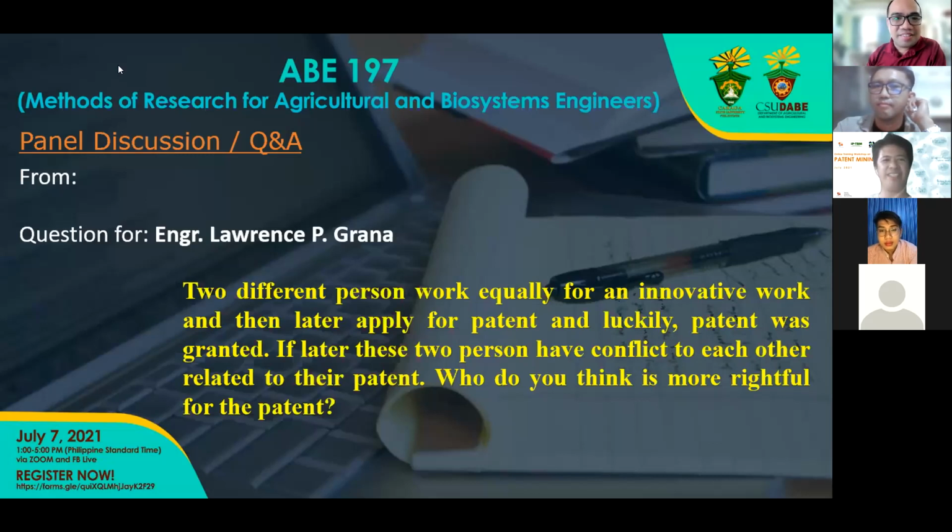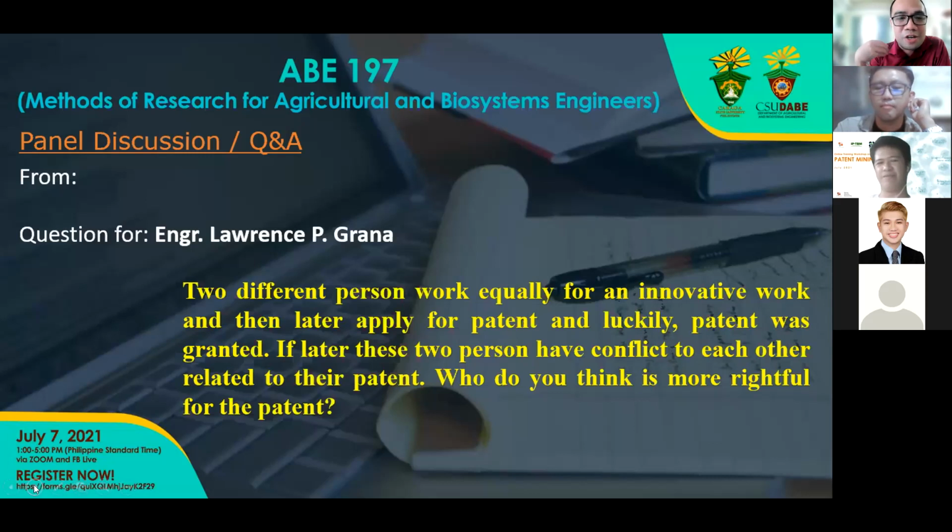Is that right, sir? Yeah. What Sir Lawrence said is right. If there was no prior arrangement, that means the ownership of the patent belongs equally to the two persons. Unless there is a prior arrangement, a document on the ownership.